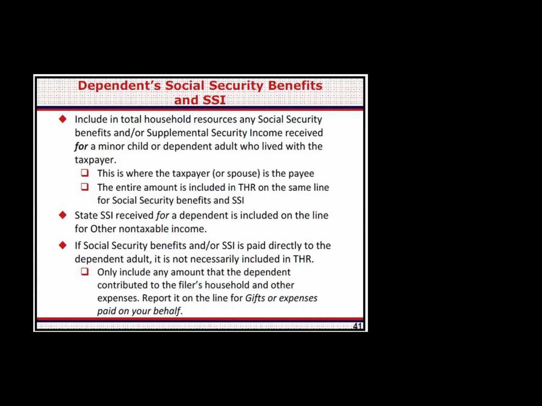If the checks are coming in the taxpayer's or one of the taxpayers' names, you count it. If it's coming in the child's name, you ask the taxpayer how much of the Social Security payment is being used for household expenses. And they might come clean and say, yeah, I use 100% of it. My kid signs it over to me and I put it in the checking account. We use it to cover all our expenses. Well, then you include it all.